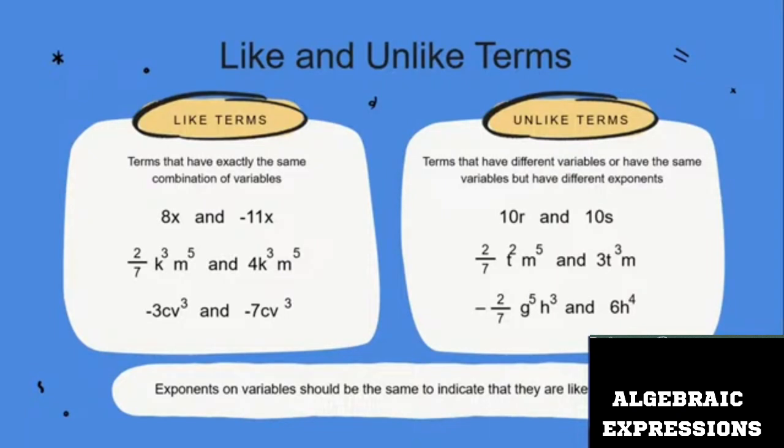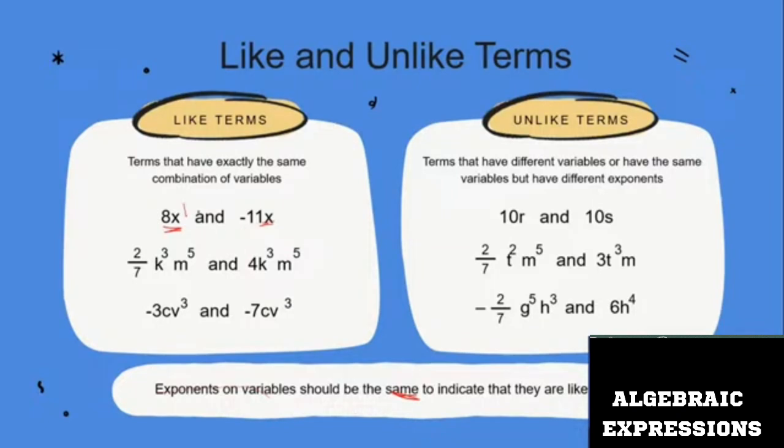If we are saying that terms are like, it means that they've got the exact same combination of variables. For example, if there are terms in x, then all terms must be in x. The exponents of the x must be the same for them to be characterized as like terms.